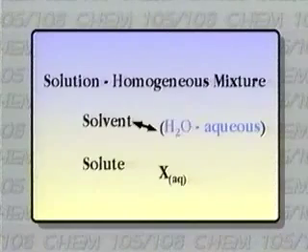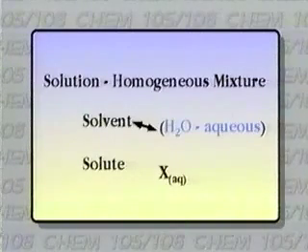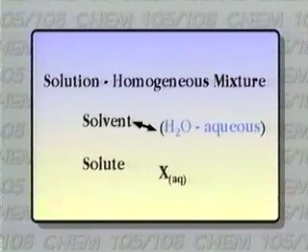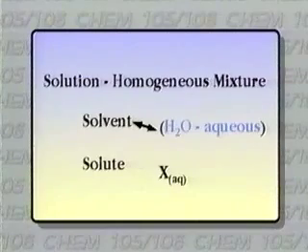All right? And as I say, water is one of our most common solvents, and so we will be dealing primarily with water solutions. Now, obviously, if we do have homogeneous mixtures, we probably also have heterogeneous mixtures.